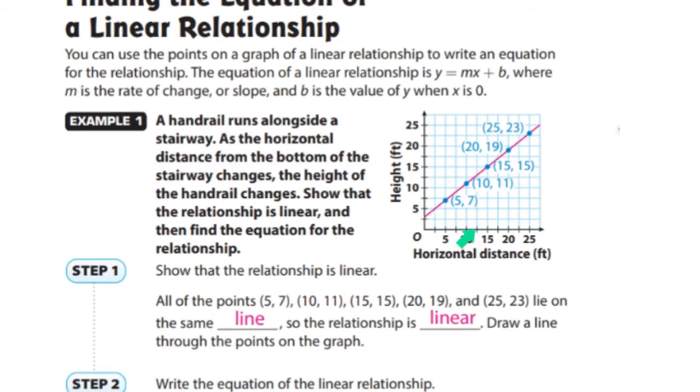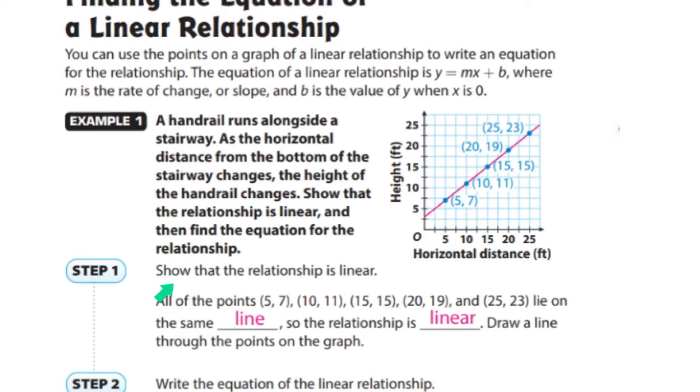As the horizontal distance gets longer, the height of the handrail from the ground is higher, since the handrail is following the steps.